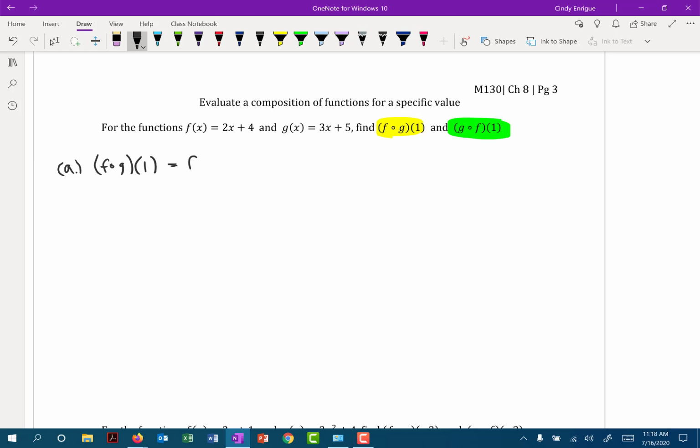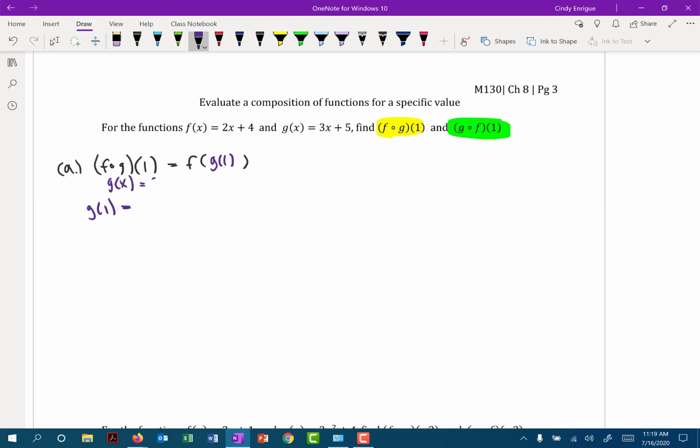So this is really saying take your f value, and what you're going to plug in is your g value evaluated at 1. There are a lot of different ways to do this. I feel like the easiest way is working from the inside to the outside. So let's work on the inside. So I'm going to deal with g of 1. Let's take a look at my general function g.